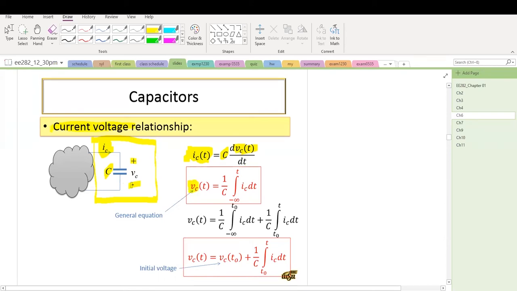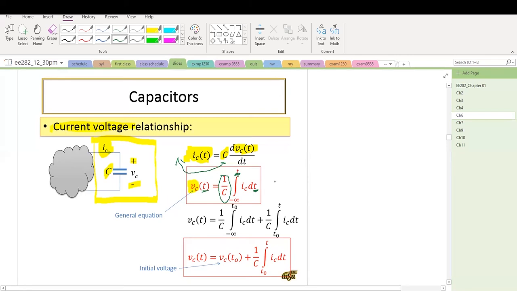Then what is the voltage across the capacitor? We do an integral. We take C out to the side, and then we take the integral from minus infinity to time t of i_C, with respect to time. This is a slight misuse of the notation, because t is both the upper limit and the variable.